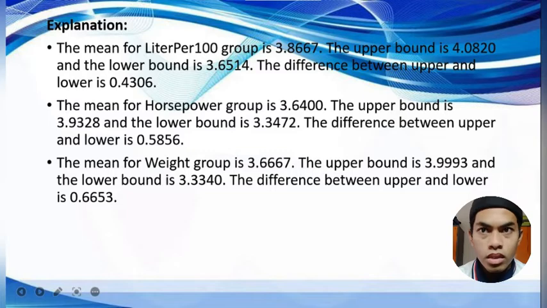The upper bound is 3.9328 and the lower bound is 3.3472. The difference between upper and lower is 0.5856. Next, the mean for the weight group is 3.6667. The upper bound is 3.9993 and the lower bound is 3.3340. The difference between upper and lower is 0.6653.